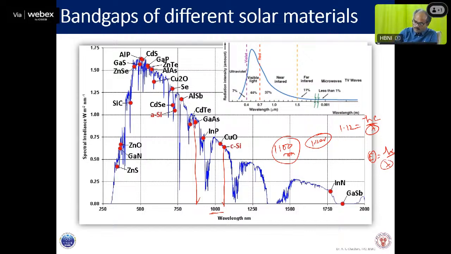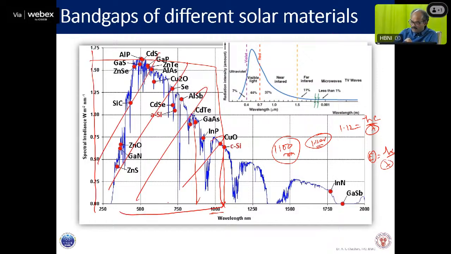So all the wavelengths lower than 1100 nanometer, or the energy higher than 1.12 electron volt, will be entirely absorbed. Suppose this blue is the solar spectrum. This entire part of the spectrum will be absorbed inside the solar cell, and this other part will be transmitted, will not be absorbed at all.